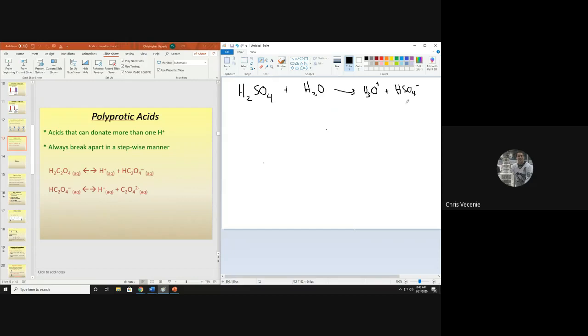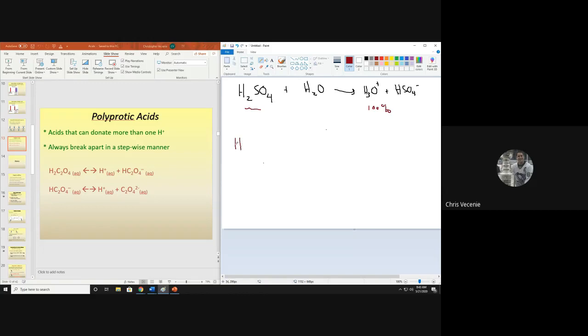Because H2SO4 is strong, this happens to the tune of 100%. Every single H2SO4 gives an H to water, and we get H3O plus and HSO4 negative.